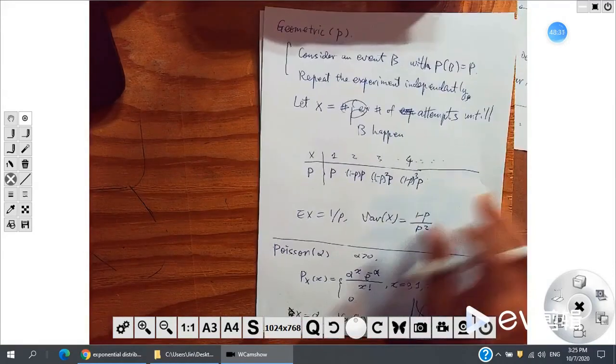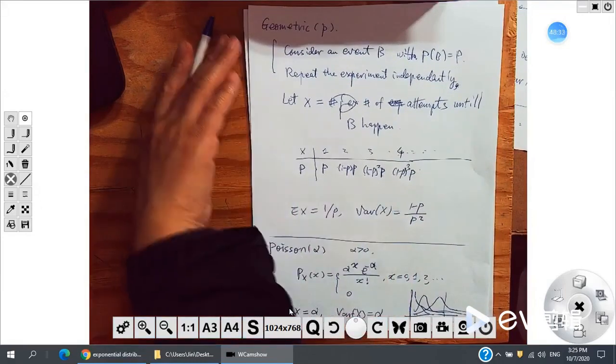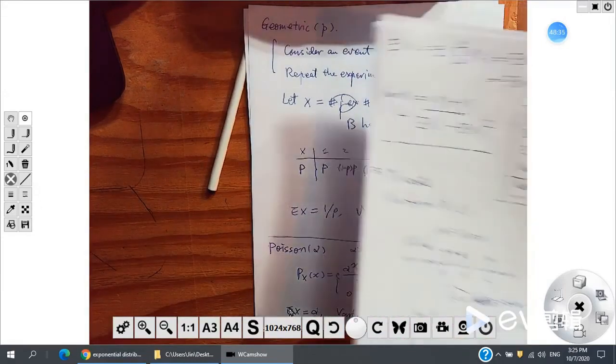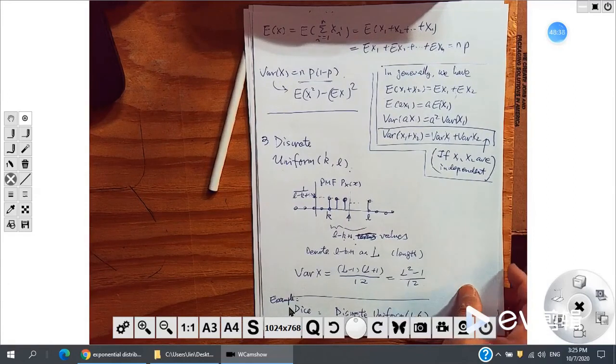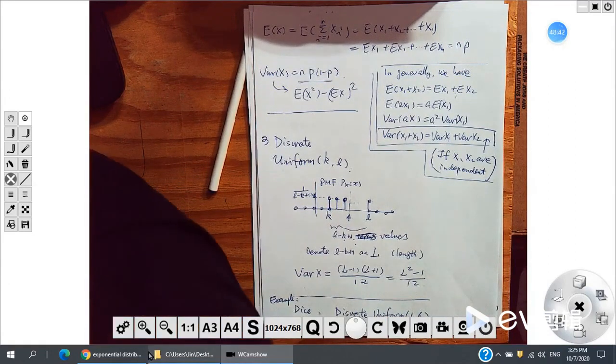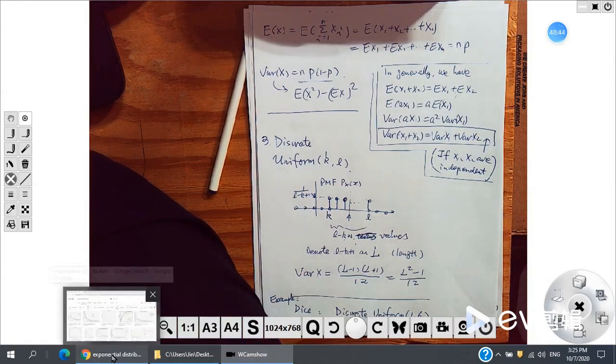Okay, so that's all I want to talk about today, and next time we will keep working on the commonly used random variables. We still have a lot. Oh, I already closed the textbook. Yeah, we still have a lot. After class, you can also read that part and find more distributions.